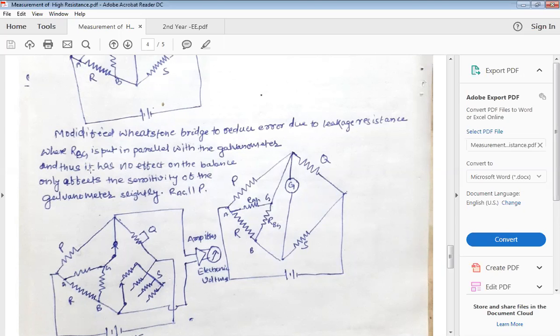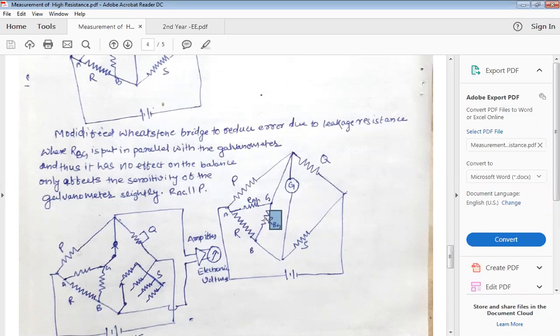Using this method, this resistance RBG is in parallel with the galvanometer. Current always flows in the minimum resistance path. When the bridge is unbalanced, maximum current flows through the galvanometer, because the galvanometer has very low resistance.